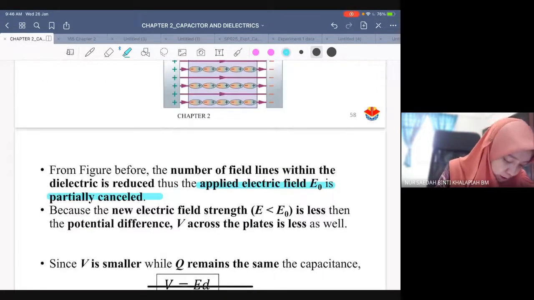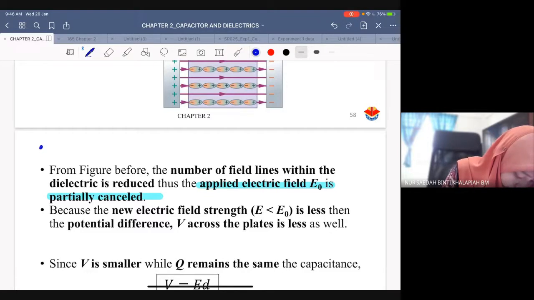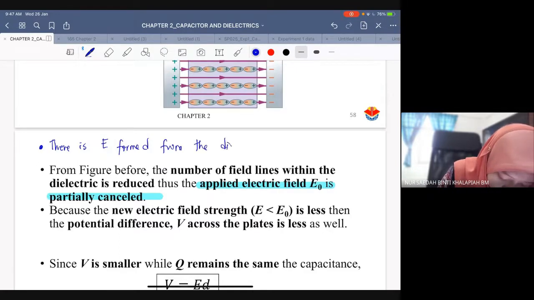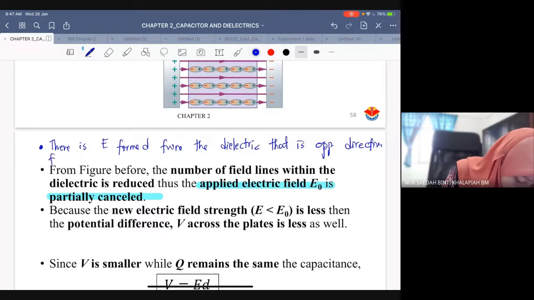Okay, so macam kita nak buat ayat dia ni balik. There is electric field formed from the dielectric that is opposite direction from the applied electric field.